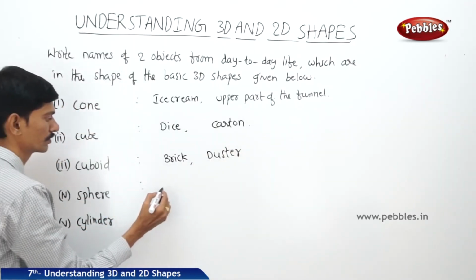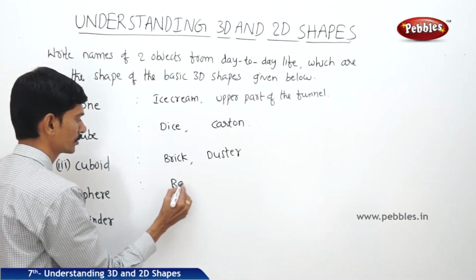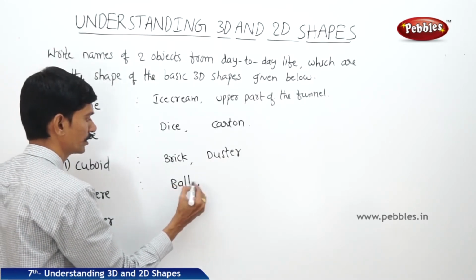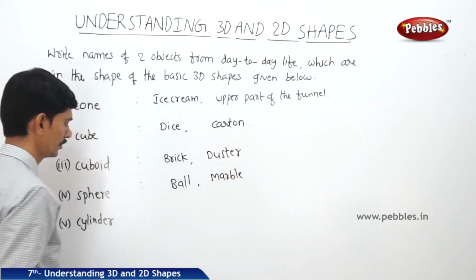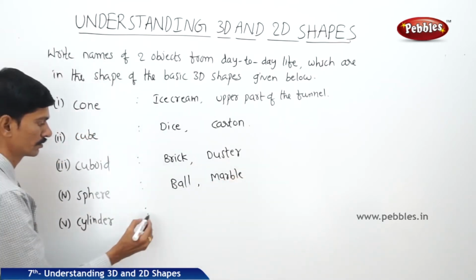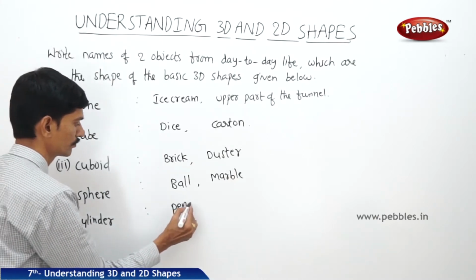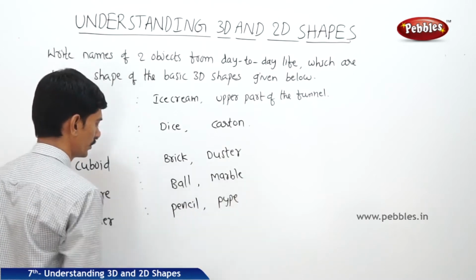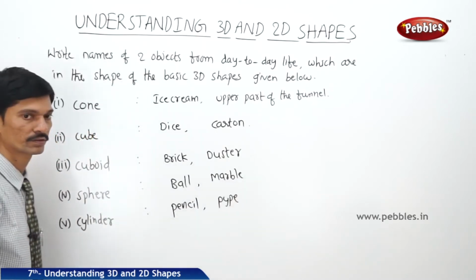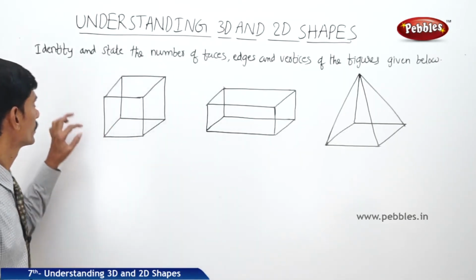Now sphere, any ball in the shape of a sphere or any marble, and cylinder, a pencil or any pipe in the shape of a cylinder. Now let us see the next question.